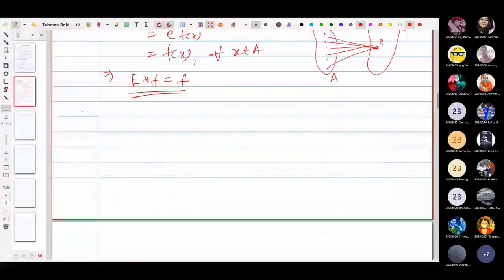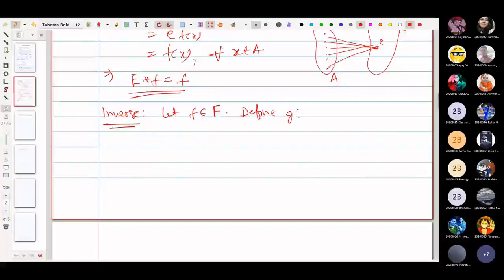Now let us see the inverse. Let us consider some arbitrary function small f from capital F and define g from A to capital G by sending g of x to f of x inverse.